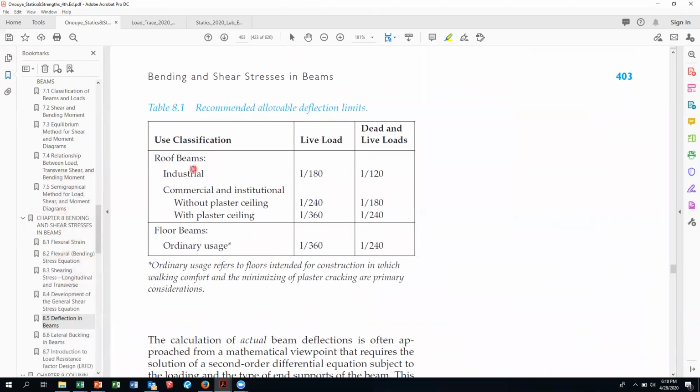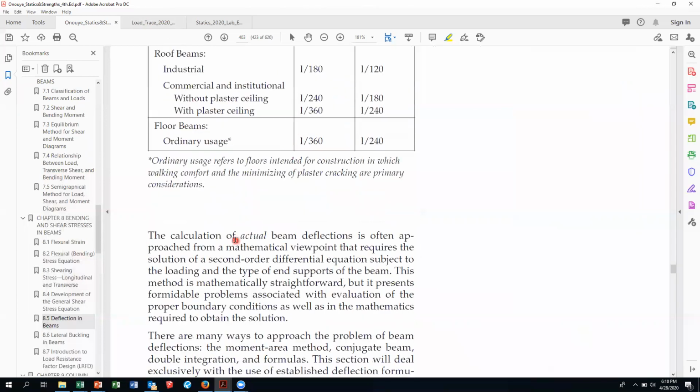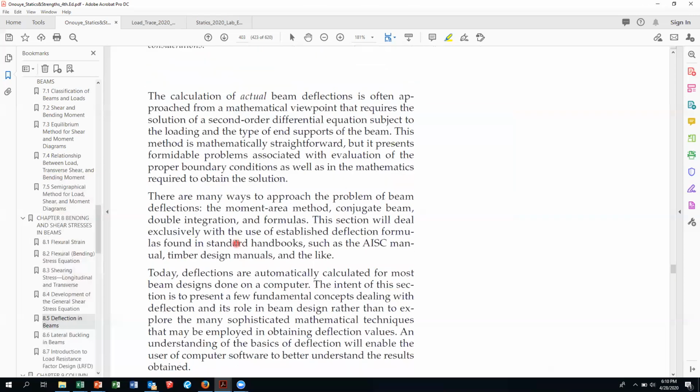It basically is dependent on the use classification, and whether you're talking about live load or a combined dead and live load. And the small L is the length of the span in inches. We're going to analyze that for the deck load trace that we did.